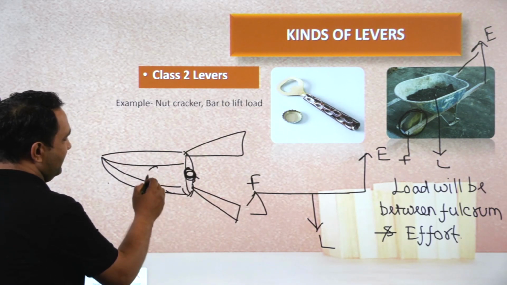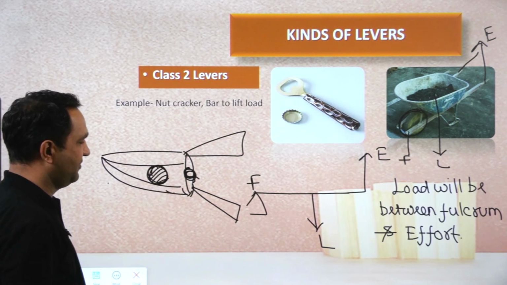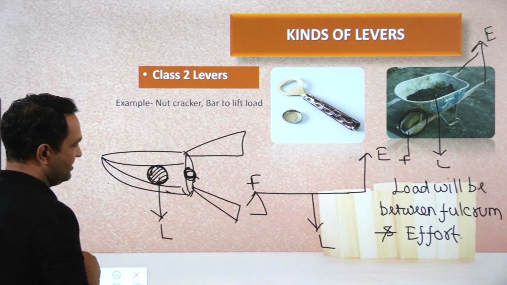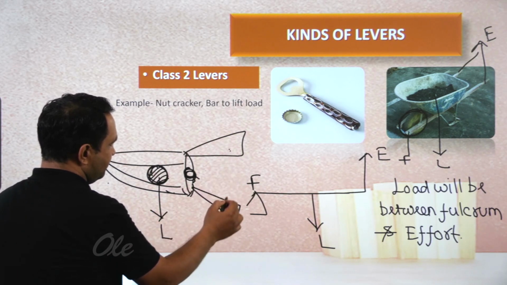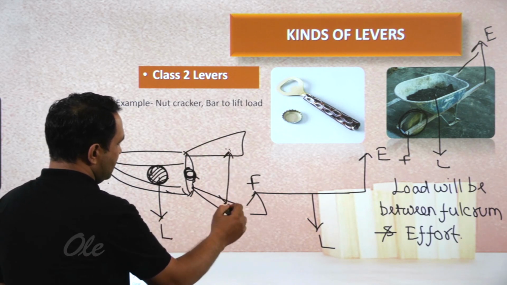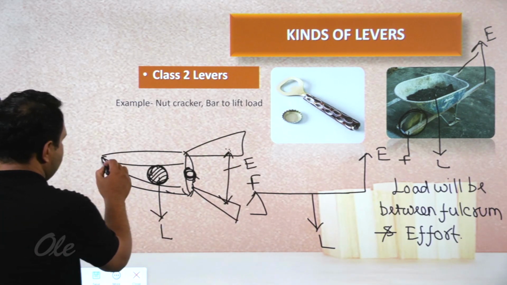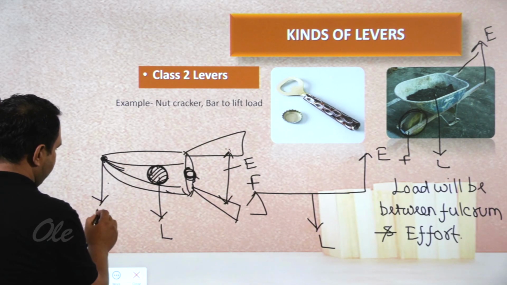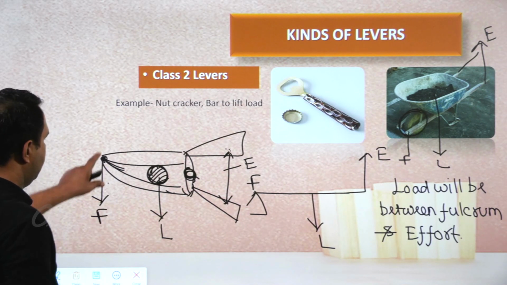Here we keep the nut which we have to break. So this is load, right? This is load, and here we are applying the force. So this is effort, and this point is known as fulcrum. Okay, F. Here this is fixed. Okay, we are keeping some load in between.